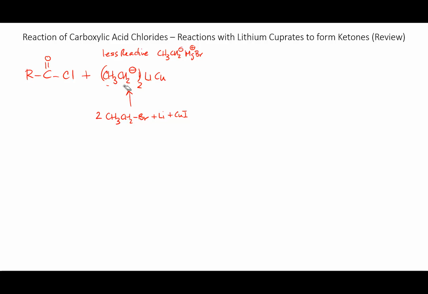So therefore only one of these is going to add, and I'm going to end up forming the ketone. So in this case, only one equivalent adds. And that's because a lithium cuprate is less reactive than a Grignard or an organolithium compound.